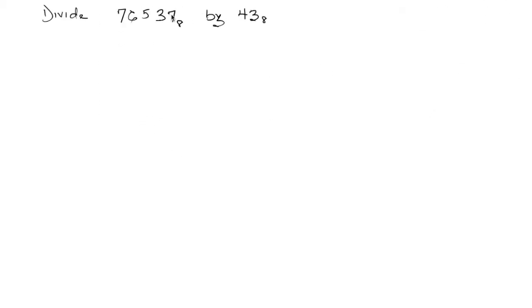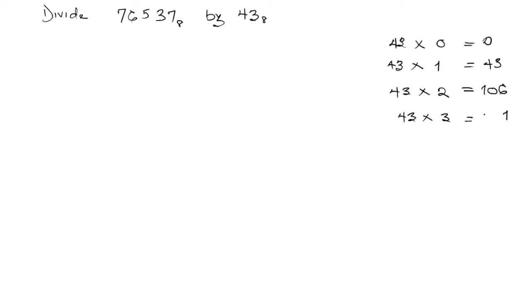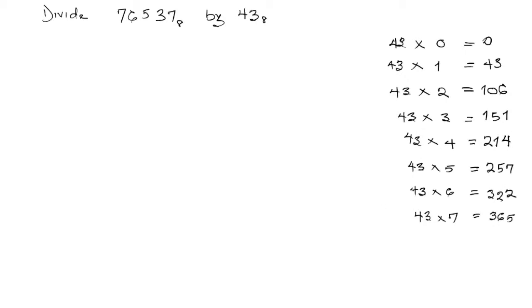You can move on from there, which is 76537 base 8 divided by 43 in base 8. Okay, so you get the idea of how the multiplication table is written down.